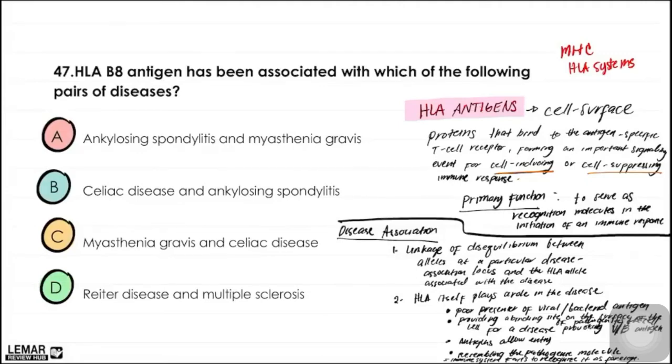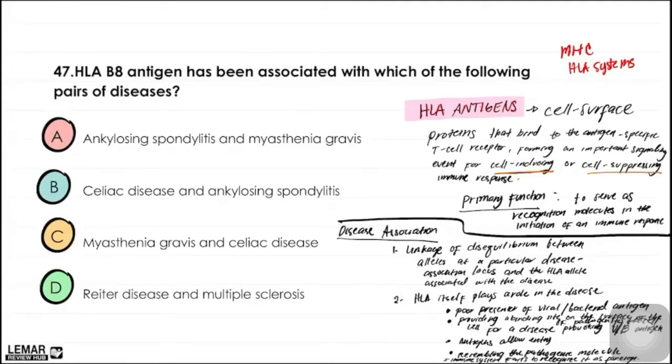So, there are two general explanations for HLA and disease association. First, there may be linkage disequilibrium between the alleles at a particular disease association locus and the HLA allele associated with that disease. This is true for the HLA antigen HLA-A3 and idiopathic hemochromatosis. Another possible explanation is that the HLA antigen itself plays a role in the disease.